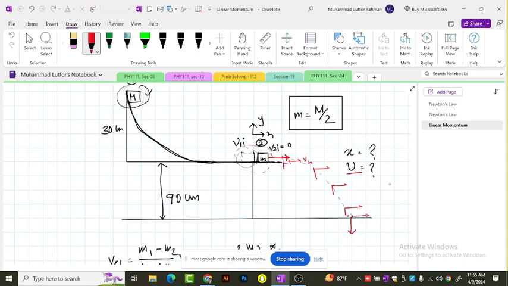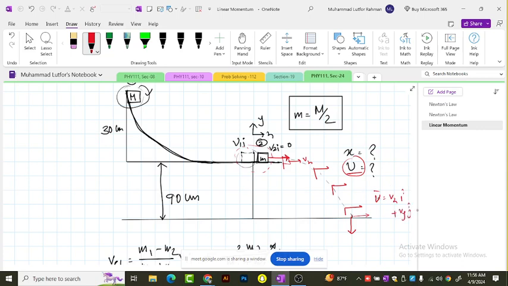I didn't get it still. You still didn't get it. All right, so I'm going to explain. Remember, the total velocity V should be Vx i hat plus Vy j hat. Am I right?